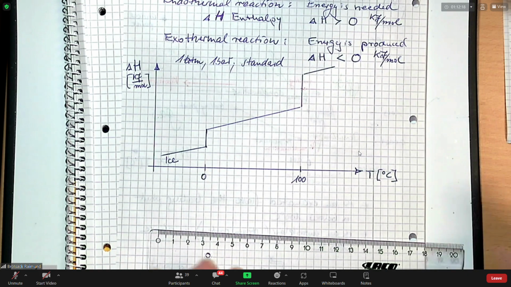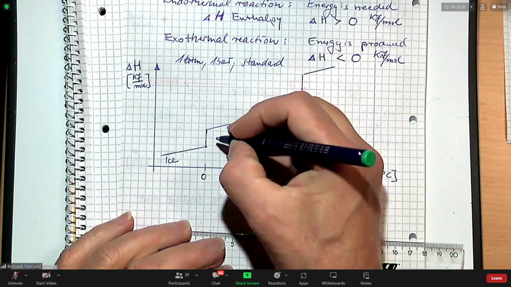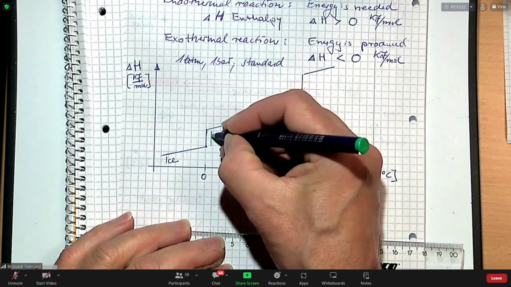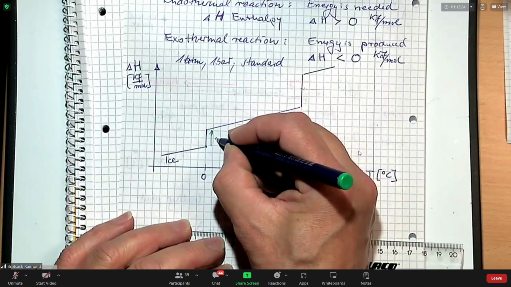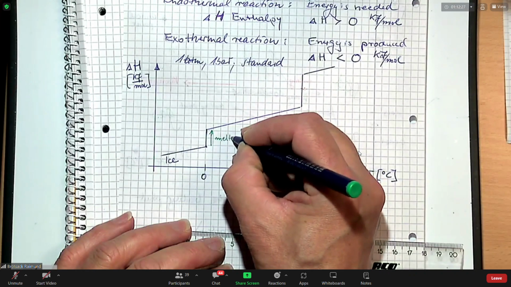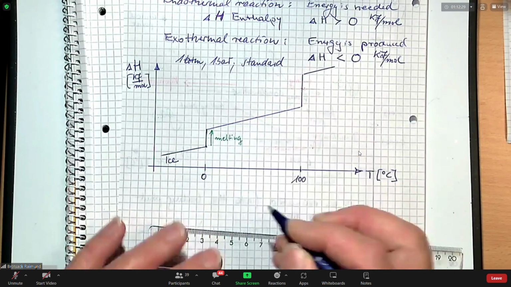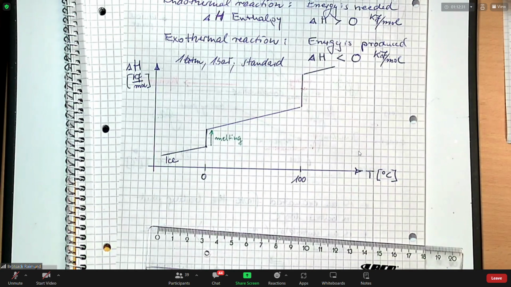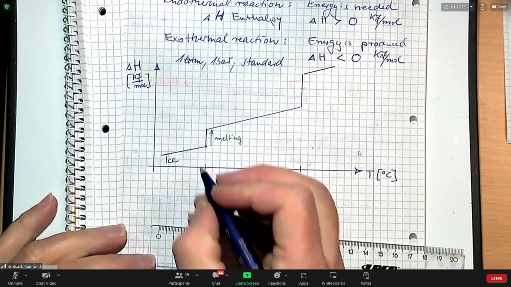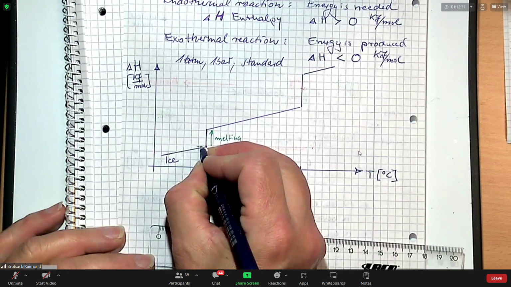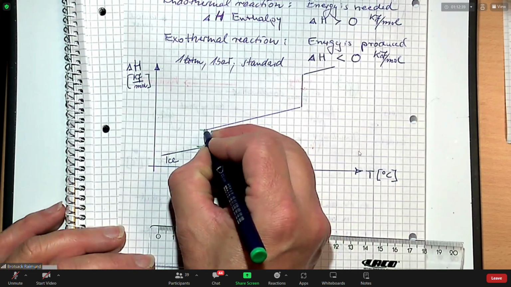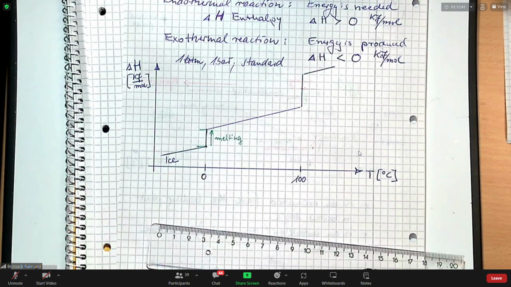When we invest energy here, this is melting. But temperature does not increase. Melting needs energy. And the difference of the enthalpy here, anyone knowing the enthalpy for the melting process?